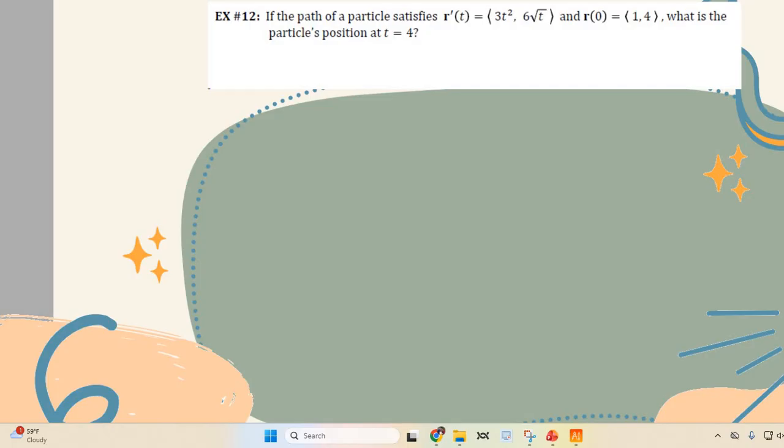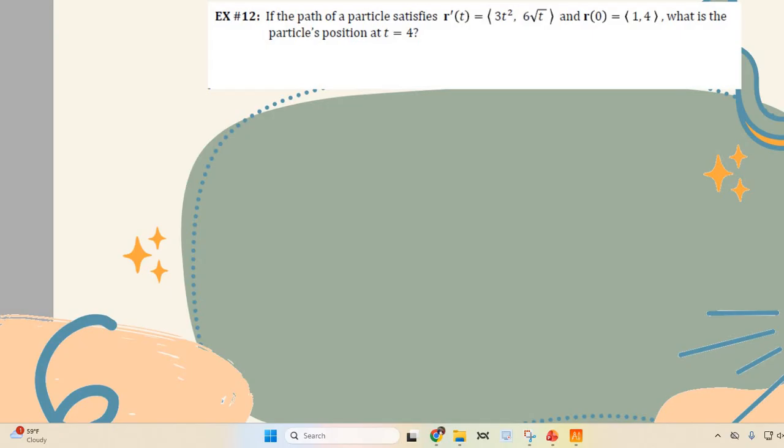So what do we want to do here? Take the antiderivative of what we have here, because that's going to get us back to the original r.